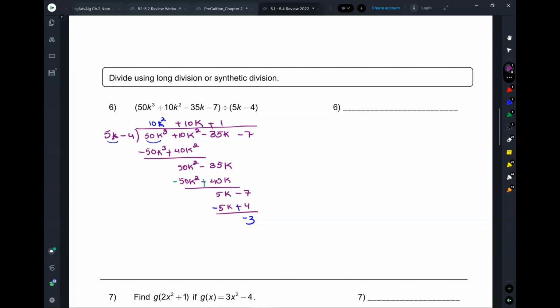Am I doing it correctly? Okay. Anybody with synthetic finished yet? Okay. This is exciting.